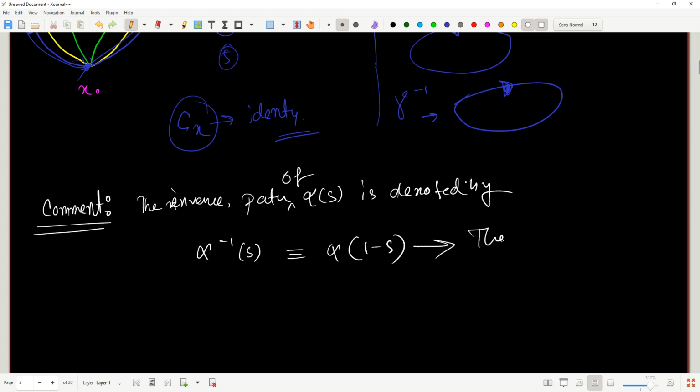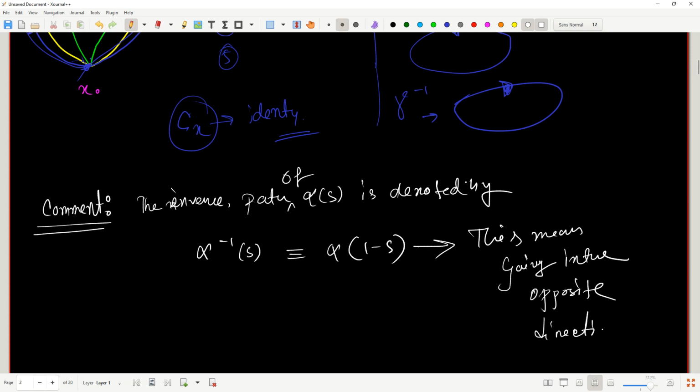This means going in the opposite direction. So this was our motivation for saying that I can give some algebraic structures to my paths or loops.